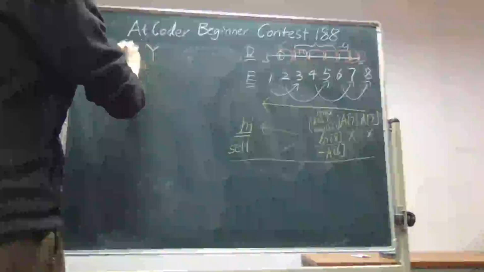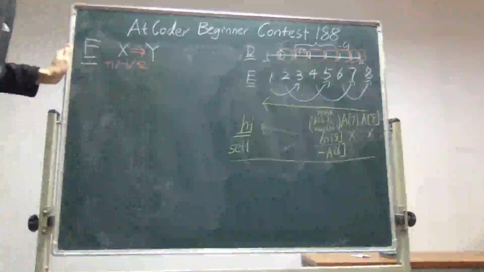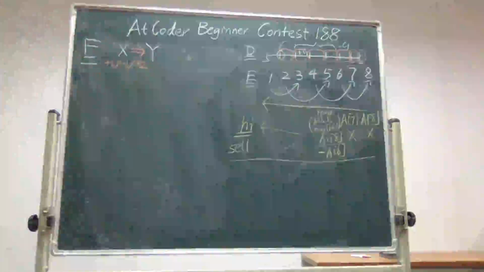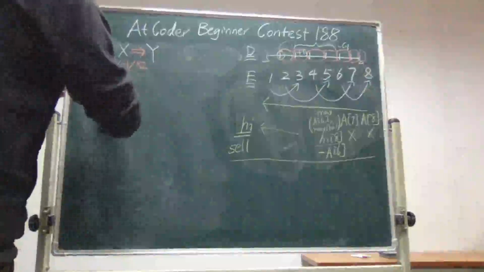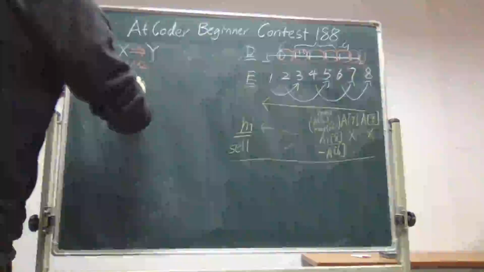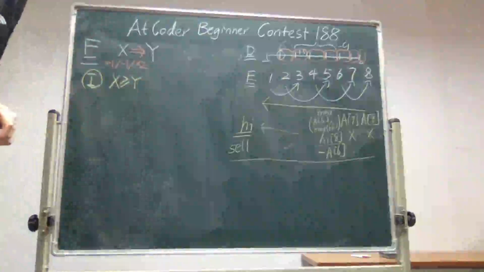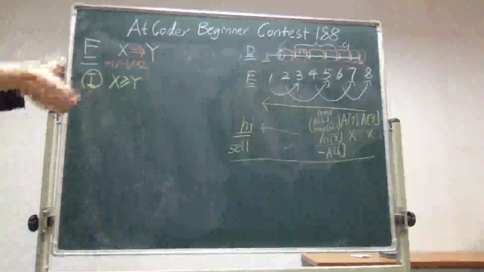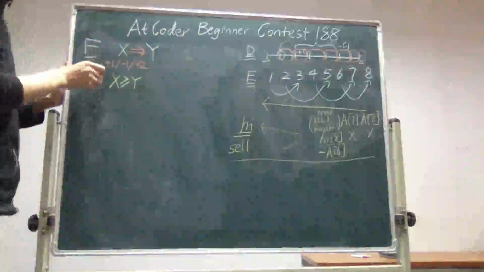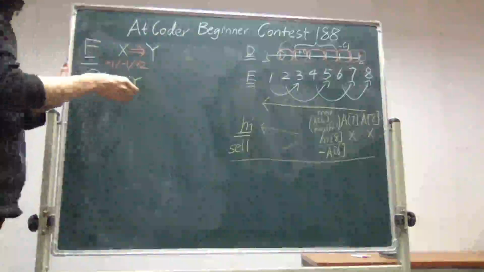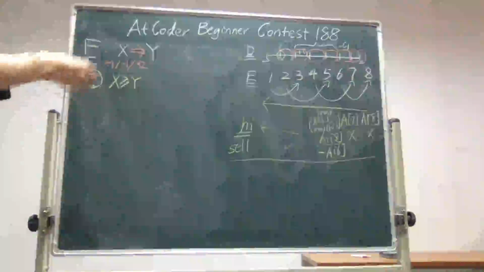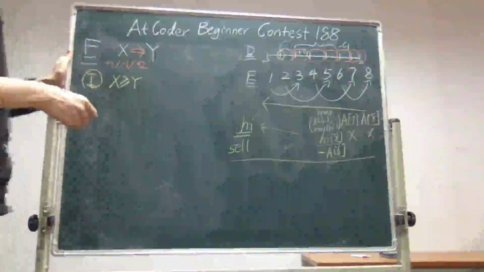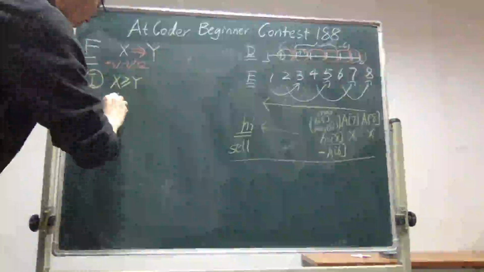And we want to transform x into y. So first, there is a simple case. Case 1, if x is larger than y or x is equal to y. In this case, we cannot use plus 1 because x is already larger than y. We cannot use times 2 either. So we can only use minus 1. And the final answer will be x minus y.